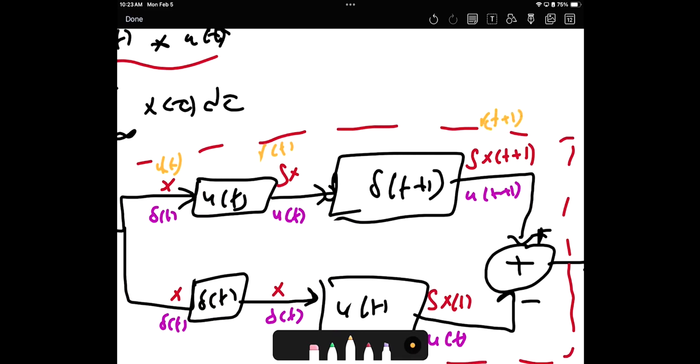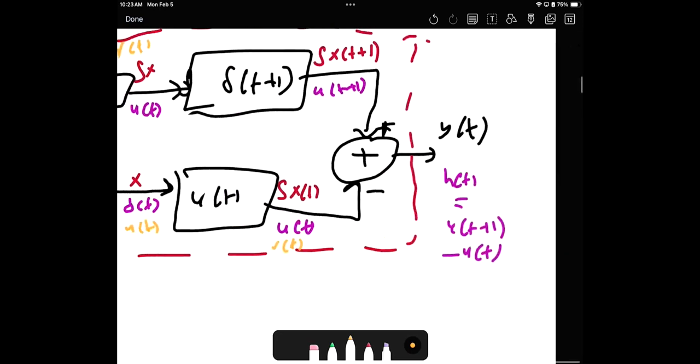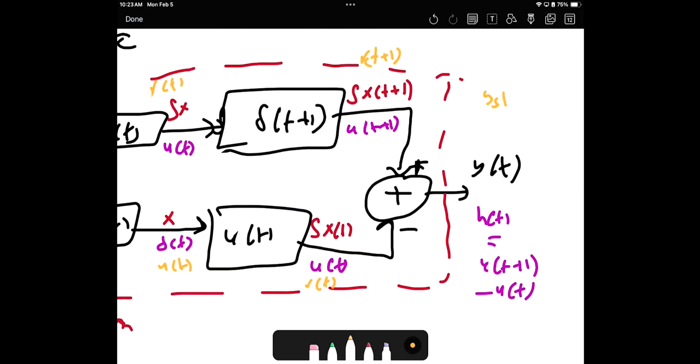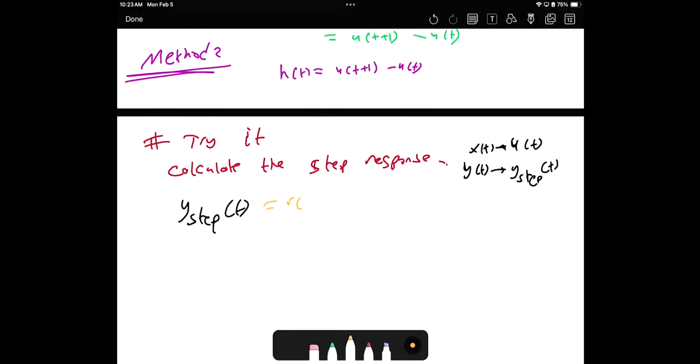Then the bottom here is u of t, with delta, u of t, then integration, r of t. So this yields y step equal to r of t plus 1 minus r of t. Good. So I can write it here as r of t plus 1 minus r of t.